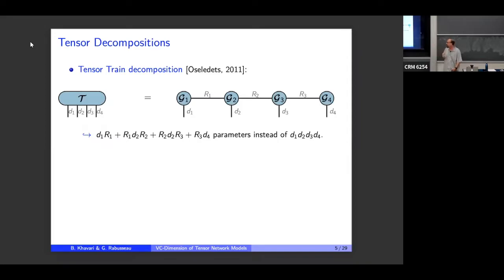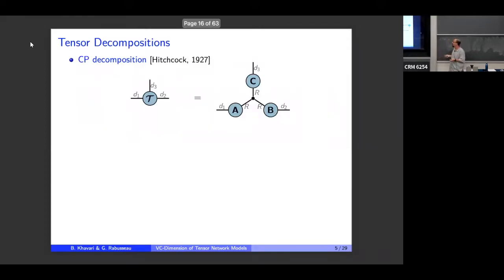This is interesting because for very high order tensors, this is a very nice decomposition, since we get something that is linear in the order of the tensor in terms of the number of parameters. In the physics community, this is known as matrix product state decomposition.